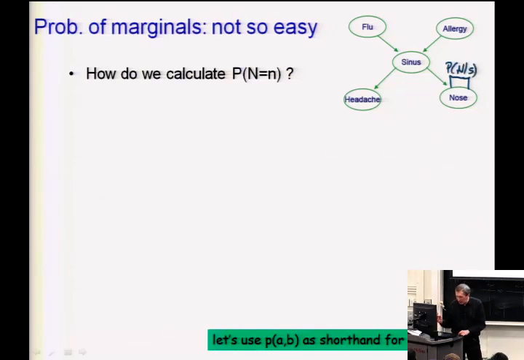And so one thing we could do is try to say, well, that equals the probability that n takes on that value times the probability that s takes on some value, summed over the possible values that s could take on, right?